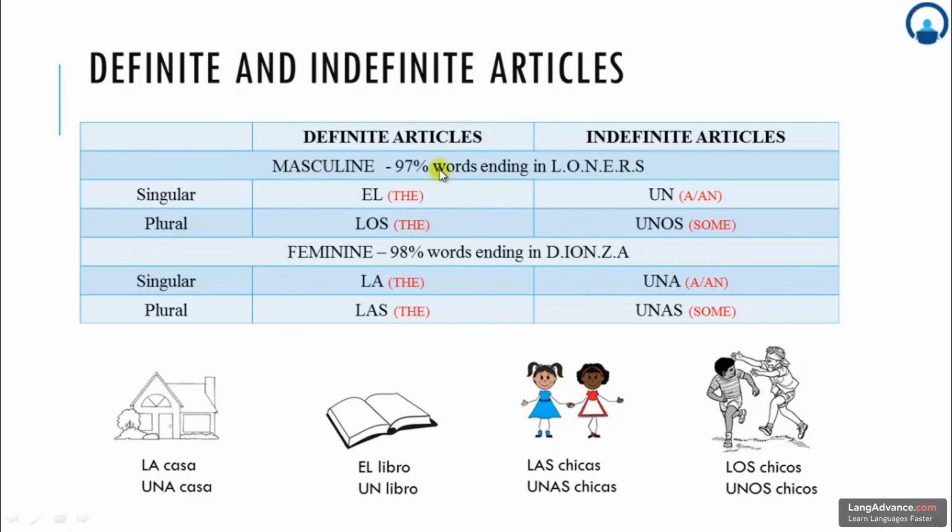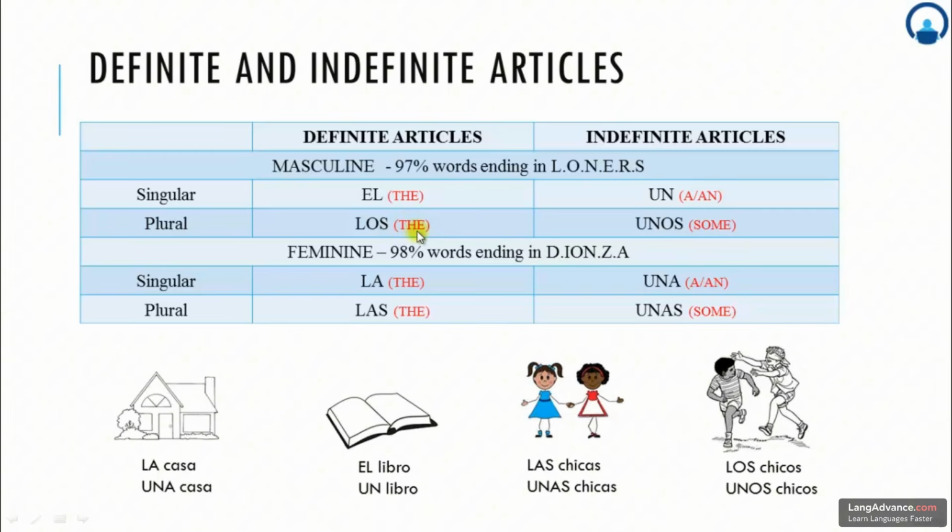Okay, now we'll see about definite articles. If we want to use a definite article for masculine and singular, we have to use the definite article el. That means the. If we want to use a definite article for masculine and plural, then we have to use los.